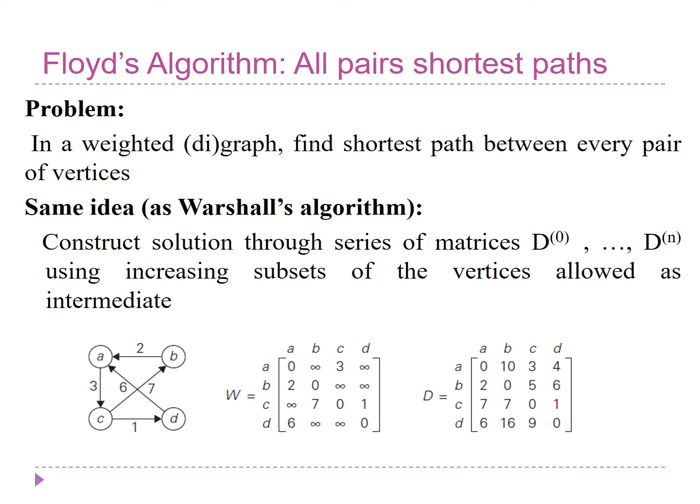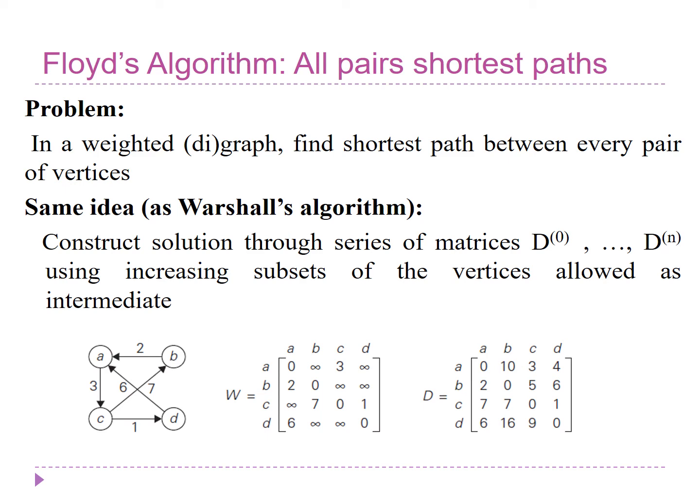Consider the example digraph given here, which consists of 4 vertices A, B, C and D. The edge connecting the vertices has a weight associated with it. The matrix W represents the edge between the vertices in the digraph.